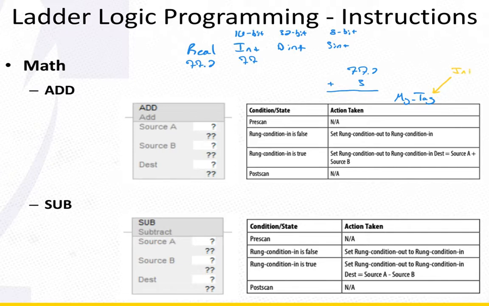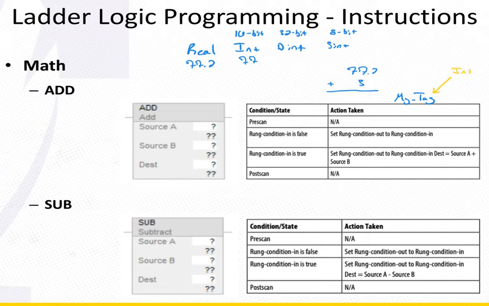So obviously, the answer to that addition is 80.2. But you can't store a real number in an integer tag. So what's going to happen is Allen Bradley is going to say, I'm not going to actually calculate the real value here. Instead, I'm going to drop the 0.2.